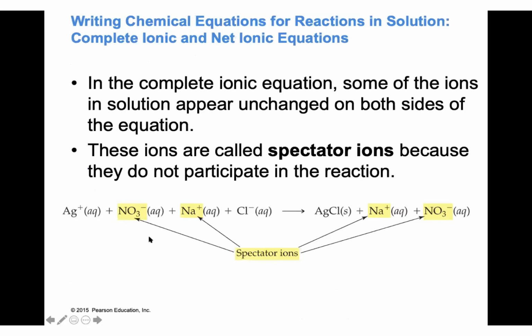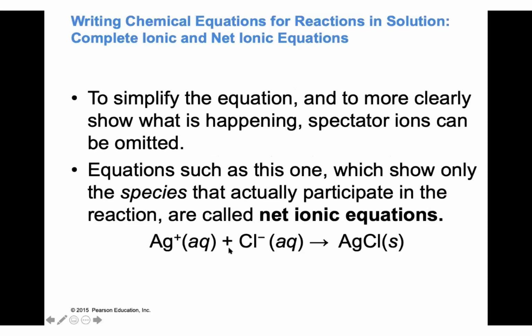The ones that are cancelled out on both sides are called spectator ions. So as I said, this is the net ionic equation, and it clearly shows what is really happening in this reaction.